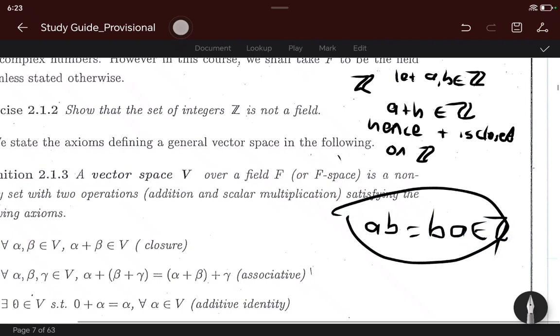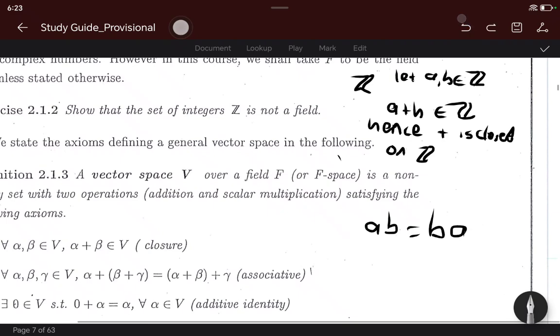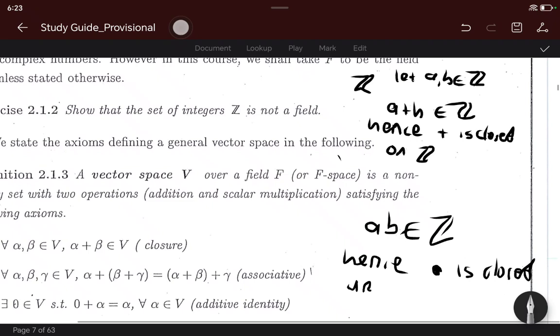I can keep it like this to show that I'm just checking closure. So I can now say hence this multiplication is closed on integers.